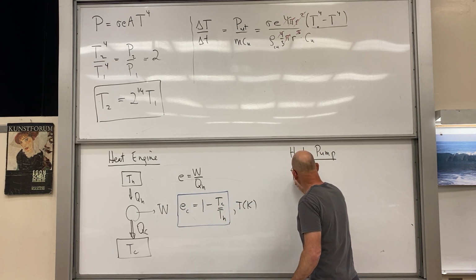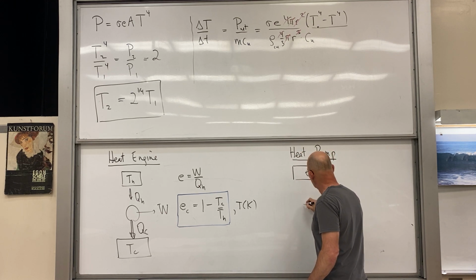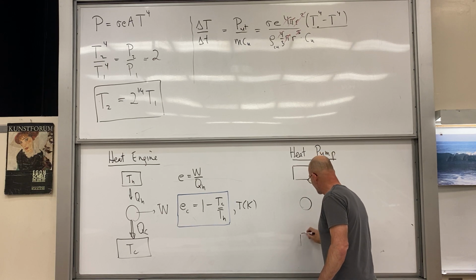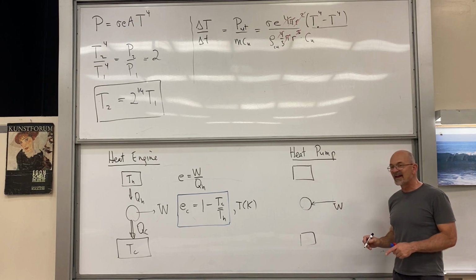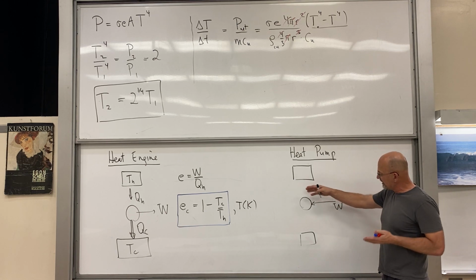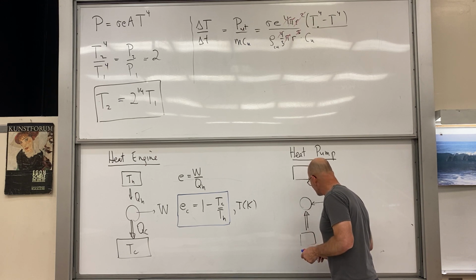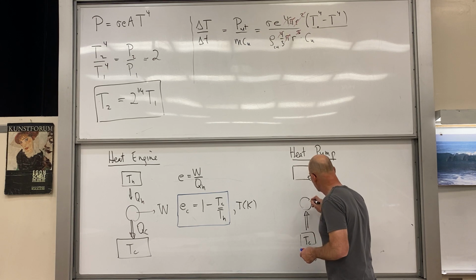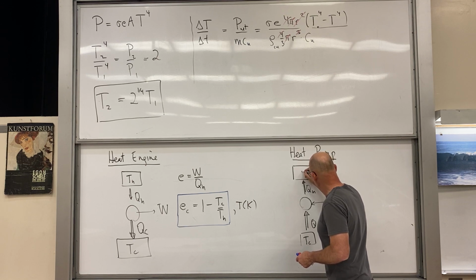So I draw this thing with the reversed arrows, but I don't have to draw it as large. We'll leave a little room. Well, it's the same picture. Here we go. So the idea is we have some source of energy from the outside, some source of work, and we're driving that motor here. Now you have to come up with some kind of cyclic process that will actually take QC to QH, but you can see the goal, TH.